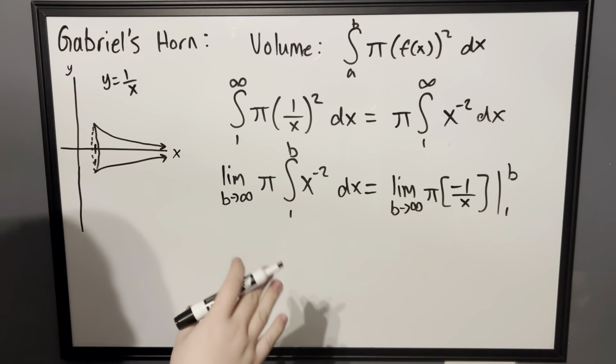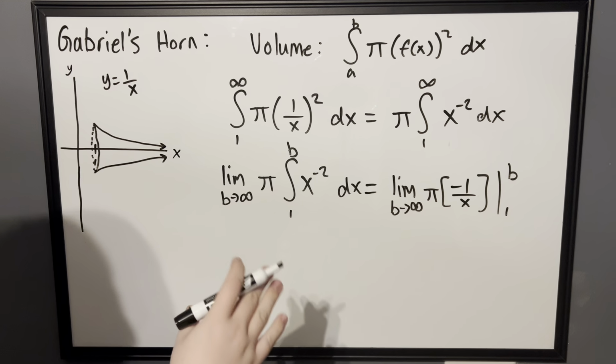Since we have a limit as b goes to infinity, if we plug in infinity here, we know that the bottom is going to get increasingly big. So this entire part right here will turn to 0. We have minus negative 1 over 1. Well, negative 1 over 1 is just going to be negative 1. So 0 minus negative 1 is equal to 1. This is the same as pi multiplied by 1, which of course is equal to pi.